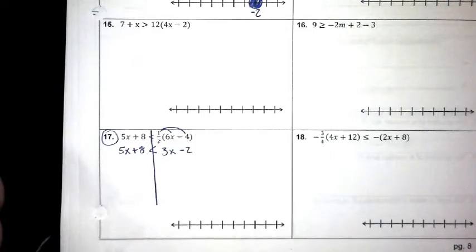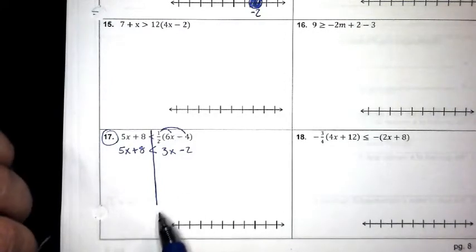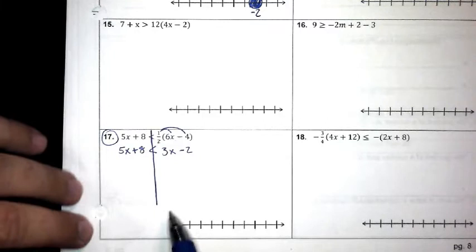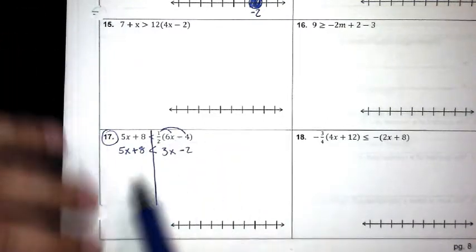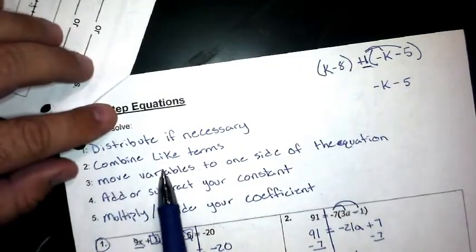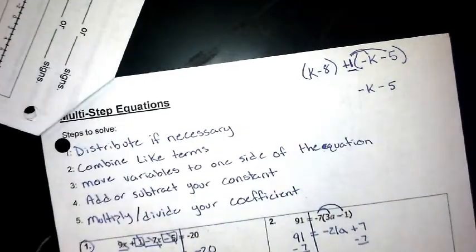All right, I'm done combining and I'm done distributing. Now I can move to step 3. Remember, step 3 is move variables to one side of the equation. How do you move variables from one side to the other? To subtract or add. So when I'm looking at this positive 3, how do I want to move it over?